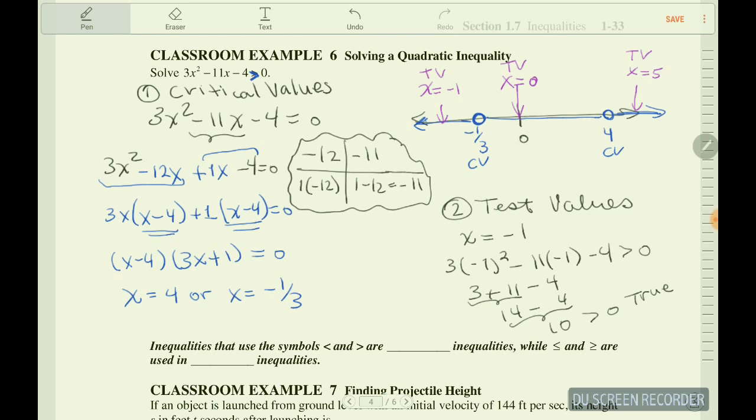So I will be using this section, which will be from -1/3, but not including it, towards -infinity. Now I'll go ahead and test my 0.